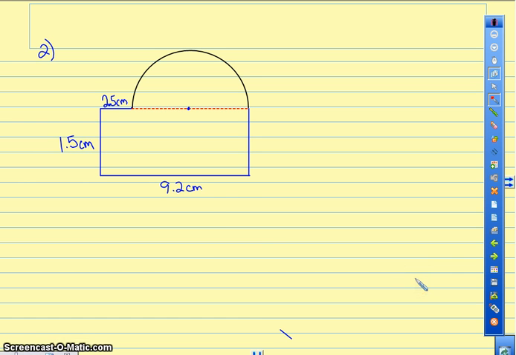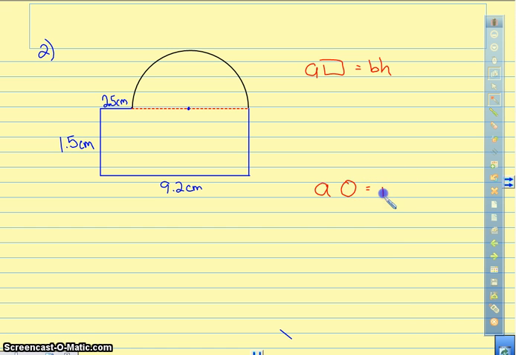Within this problem, I've kind of already cut it for us. I have a rectangle here, and then I also have a half circle. We know it's a half circle because this is the center. So my rectangle should be easy to see. I'm going to do area of rectangle, and that's base times height. And I have a half circle, so I'm doing area of a circle.